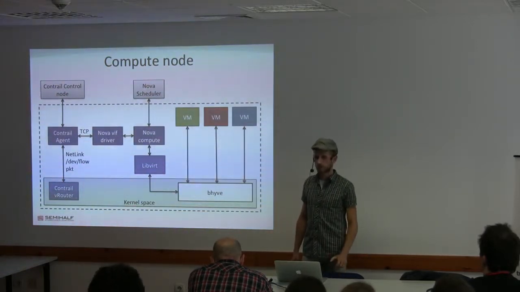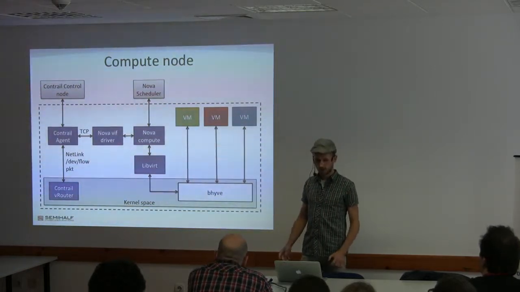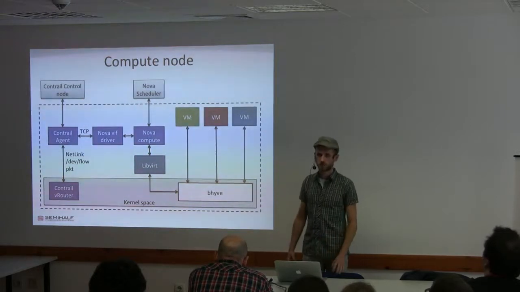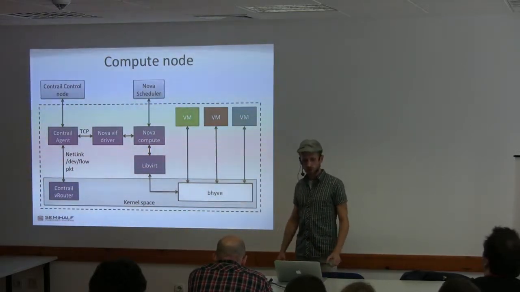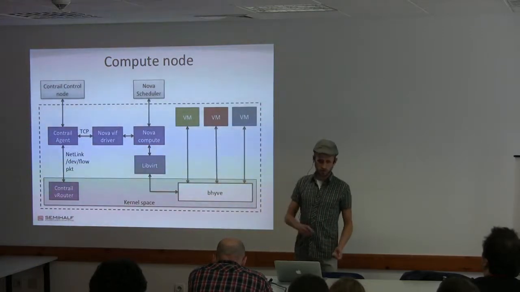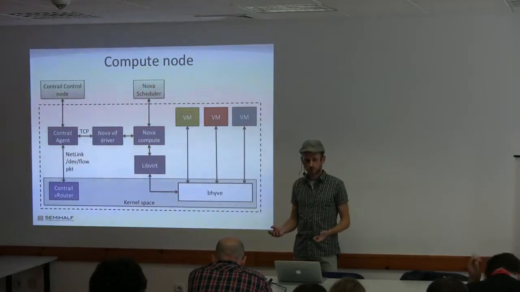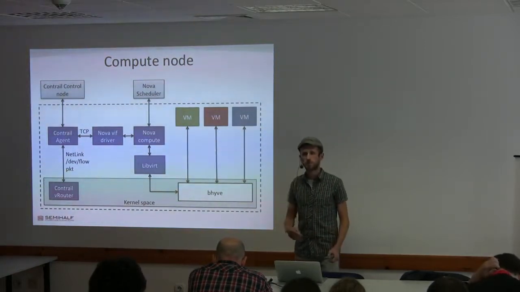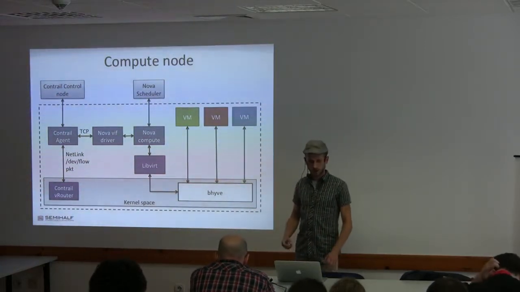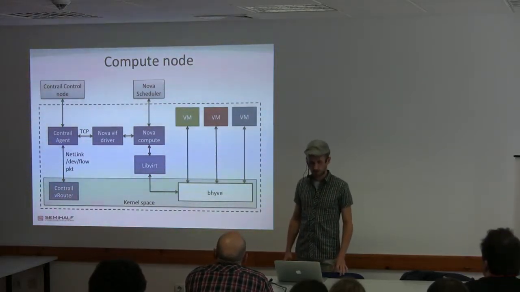We have a Nova VIF driver, which is supposed to communicate the state of the VMs, which is known by Nova Compute from the OpenStack controller, to the Contrail agent, because it wants to know which port, or which tap device, is associated with which VM. It has to know this in order to connect the correct VM to the correct virtual network.